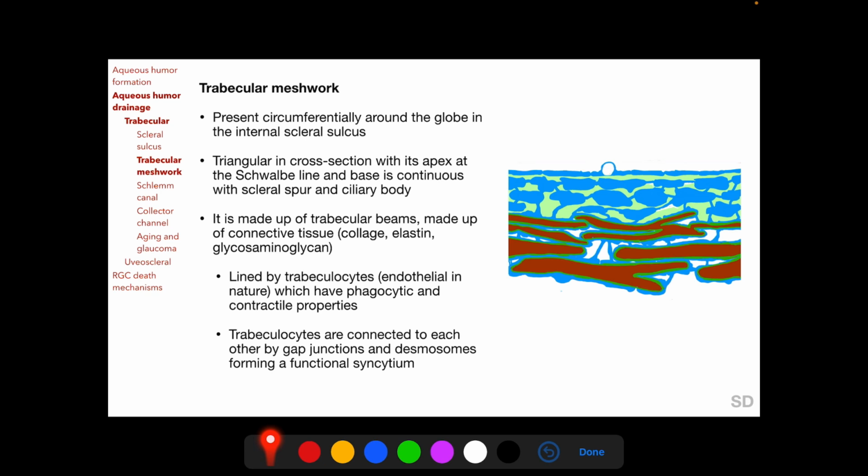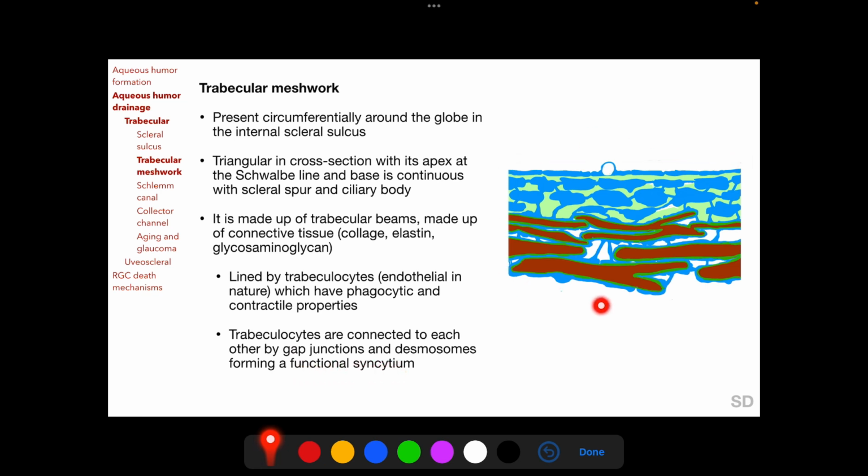These trabecular beams are lined by trabeculocytes, which are endothelial in nature and have phagocytic and contractile properties. The trabeculocytes are connected to each other by gap junctions and desmosomes, forming a functional syncytium.